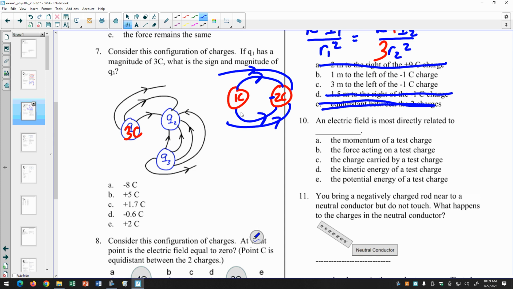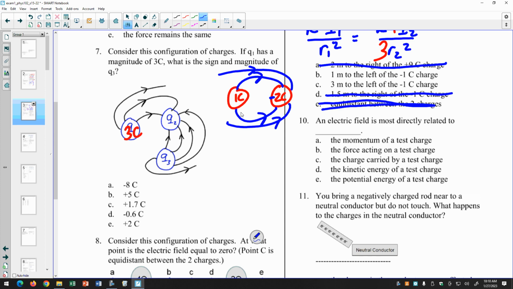See how the ratio of the charges is 2 to 1? The ratio of the number of field lines is 4 to 2. So those ratios are identical. I have a 2 to 1 ratio for my number of field lines and the charge. Bigger charges, more field lines. The more field lines represent that I have a bigger charge. I have a bigger electric field, and a bigger charge carries a bigger electric field.